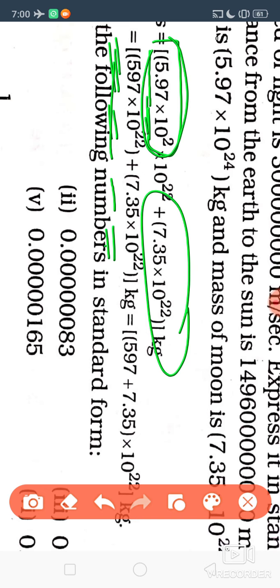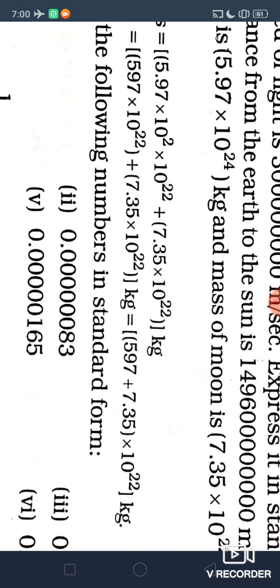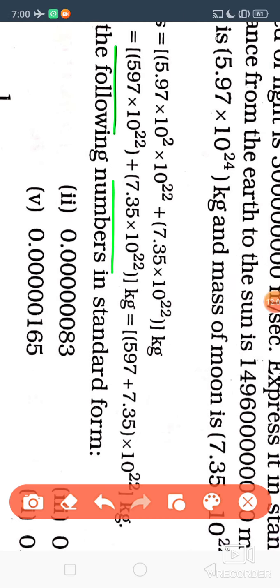Now you can see in both the terms, in this term also and in this term also, 10 to the power 22 is common. So we have taken 10 to the power 22 outside the bracket. Here 10 to the power 22 is multiplied by 597, so we have written here 597.